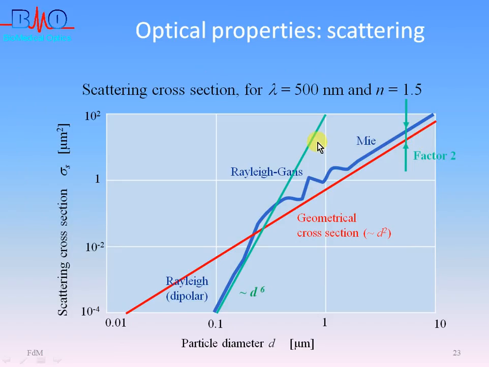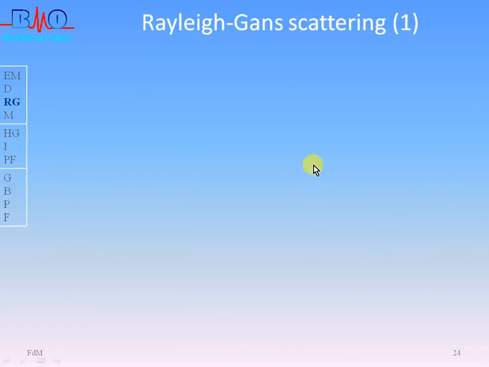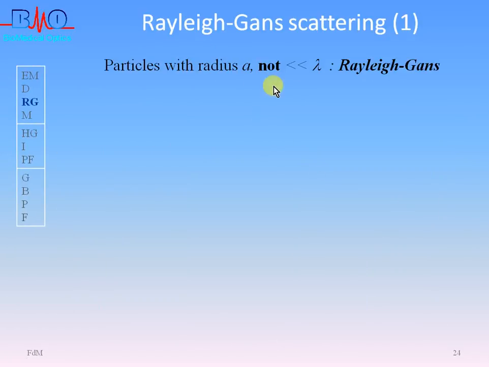Now we go to the second scattering, Rayleigh-Gans, for particles about the diameter. Particles with a radius not very small compared to lambda.